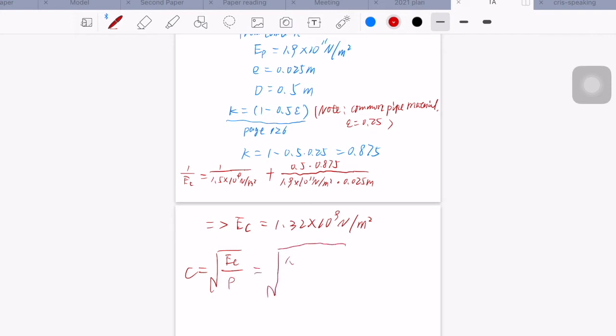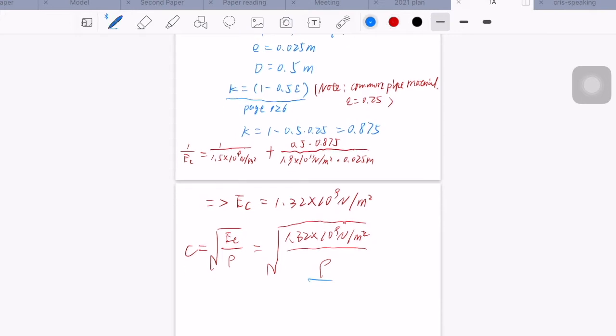C equals the square root of 1.32 times 10 to the power of 9 Newton per square meter divided by the density. How do we get the density for the oil?